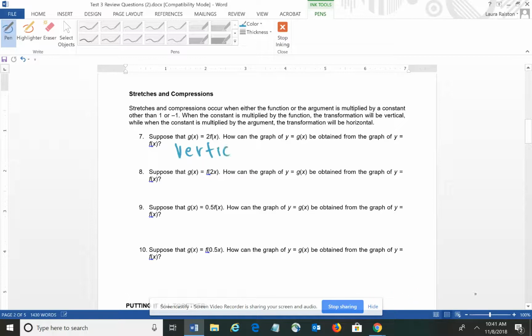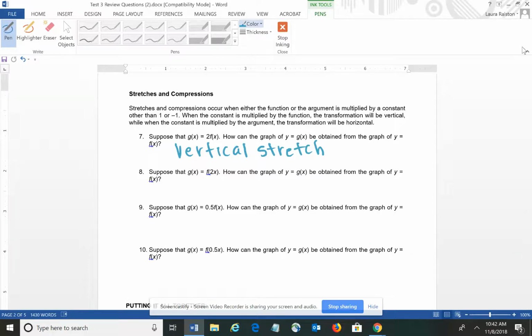With vertical, it makes sense if you think about it. If the number is bigger than 1, it's going to be a stretch because it gets bigger or taller. If it is less than 1, it's going to be a vertical compression because the graph itself would be compressed, sort of like a trash compactor.